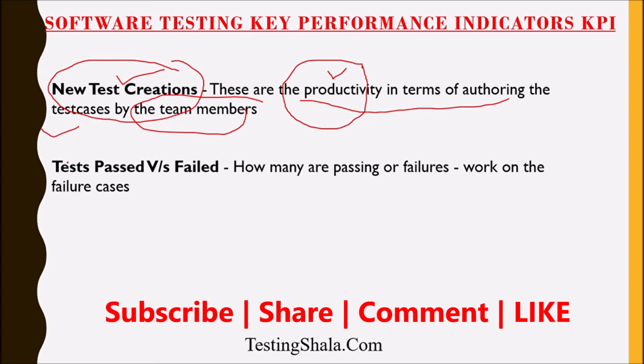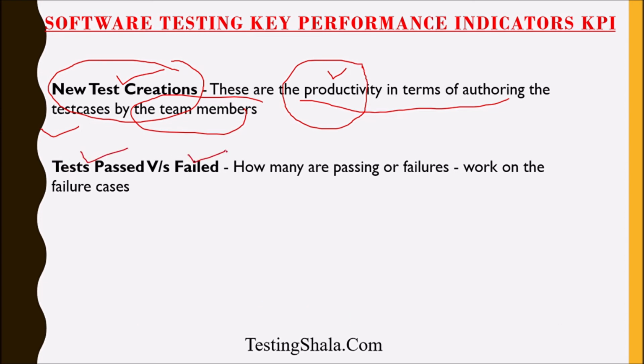And the next key performance indicator is tests passed versus failed. This is very crucial. If you have 100 test cases, and 50 test cases passed and the remaining 50 failed, which is the area where our test cases are passing more? That means those areas are more stable.